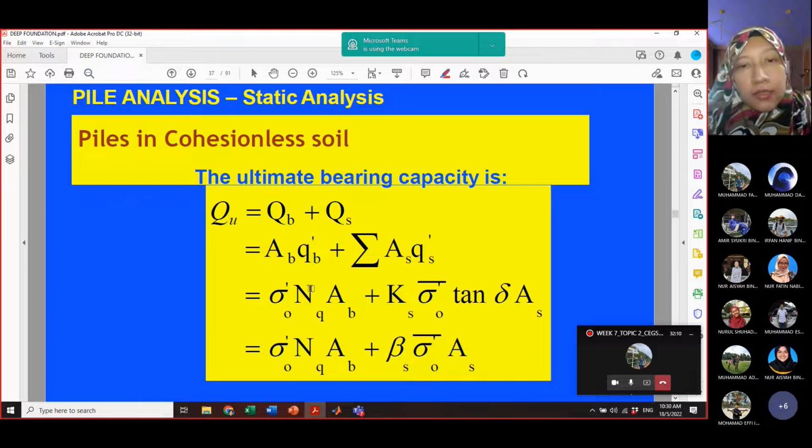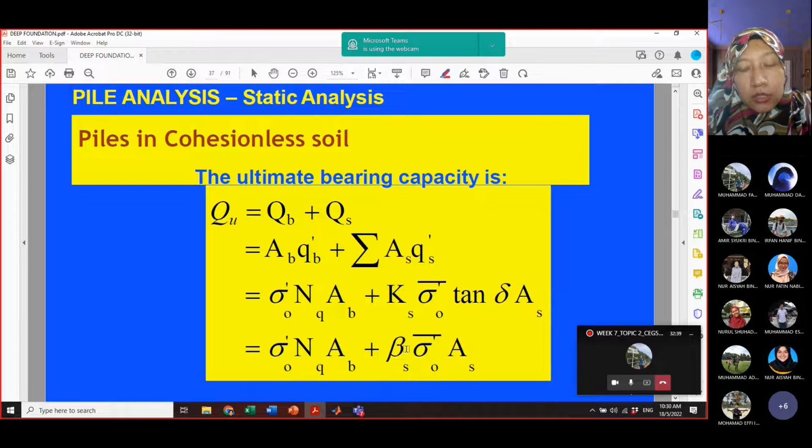Okay, kalau you tengok kat sini, for the cohesionless soil, we found one formula that is quite similar to the fine soil, pile in clay, for example, K tangent delta. K tangent delta ni is similar to the beta, yang mana kalau you analyse pile in clays untuk effective stress analysis ataupun long term stability, kita dah jumpa the same formula macam untuk sand.